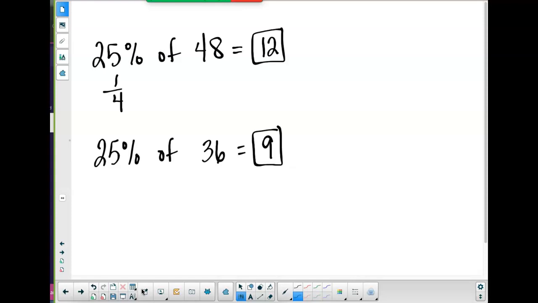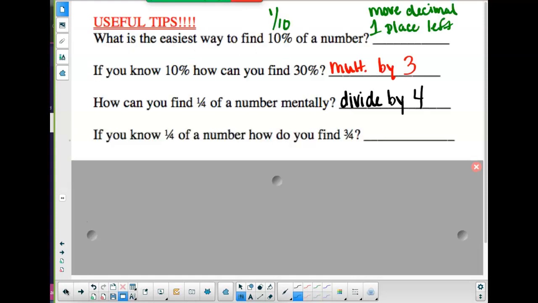Okay? Alright, if we know 1/4 of a number, how do you think you find 3/4? If you know 1/4, how would we get to 3/4? How many 1/4 are there in 3/4? 3.